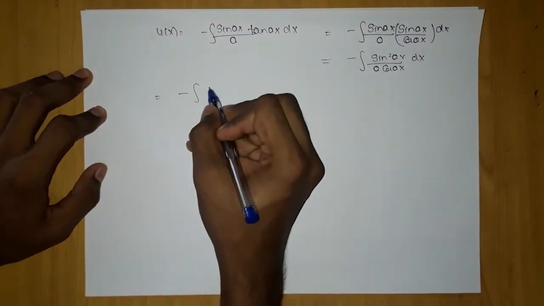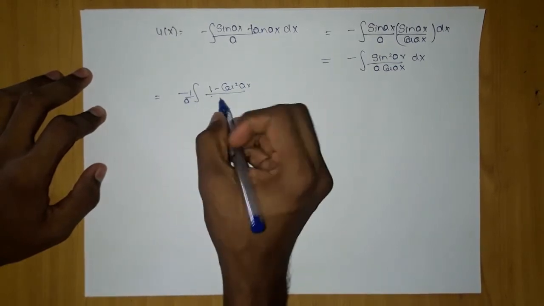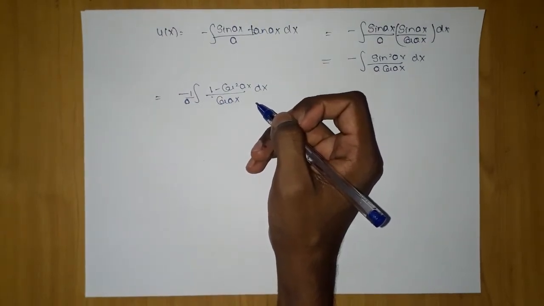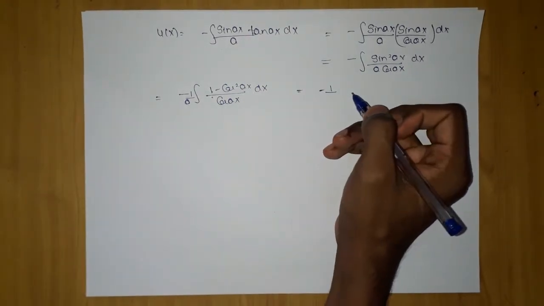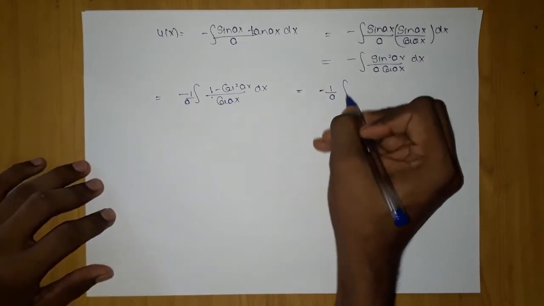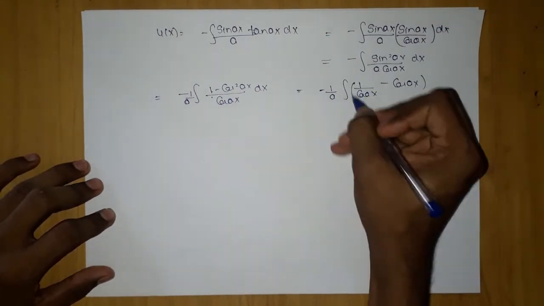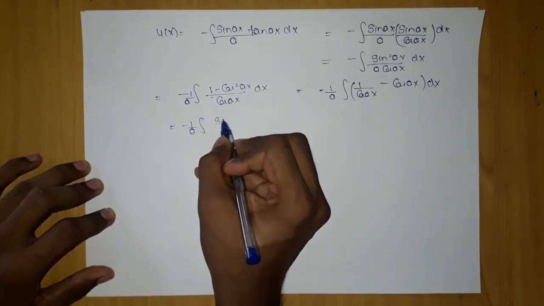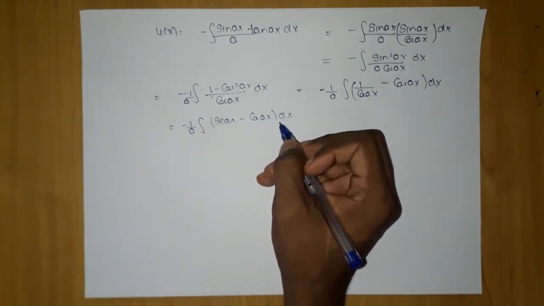So we get 1 minus cos square ax by, here we will take the a outside, cos ax into dx. So what we are going to get is minus 1 by a, bracket, 1 by cos ax minus cos ax, into dx. So we have minus 1 by a integral of sec ax minus cos ax into dx.